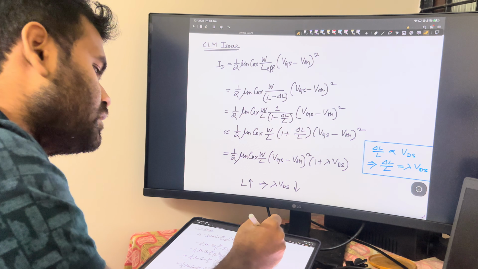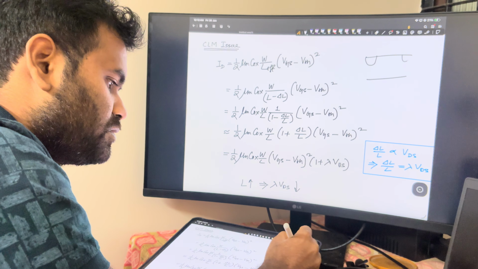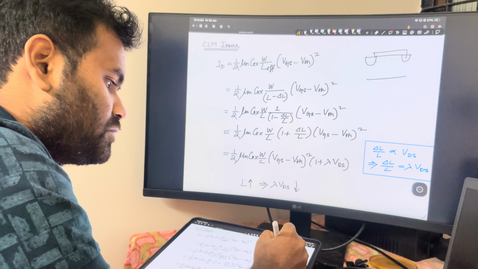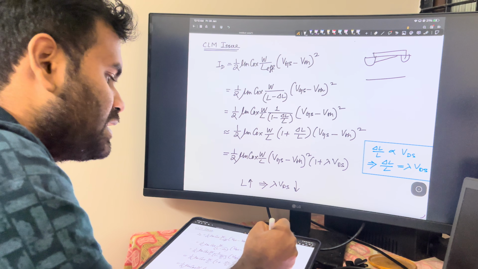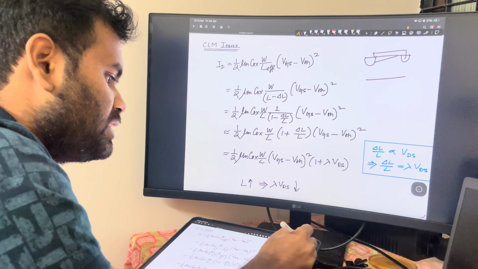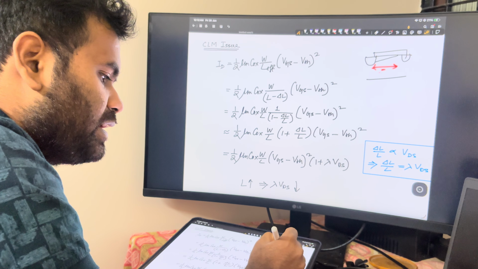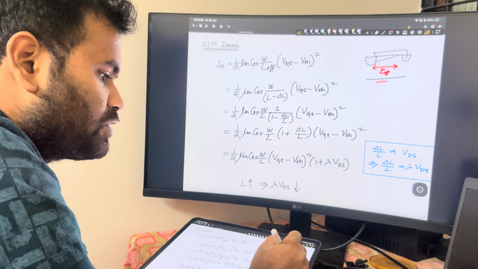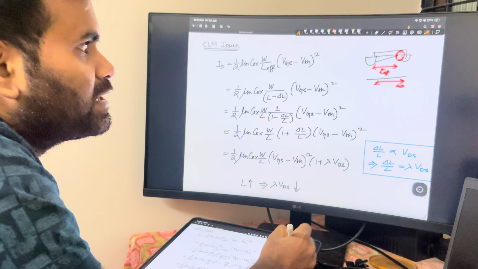If you recall the structure of the MOSFET, you have channel length modulation. In this region, what is the effective L? The effective L is the total length L minus the delta L. So here we have the small delta L in this region.